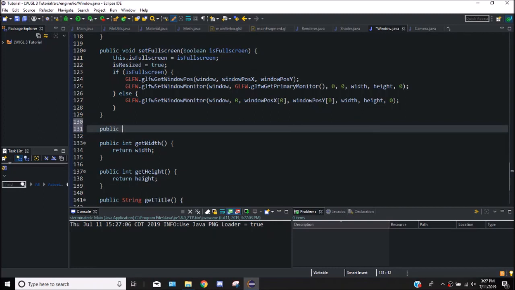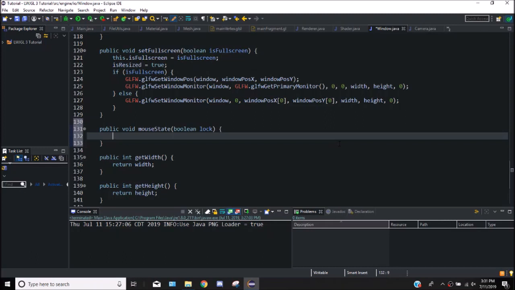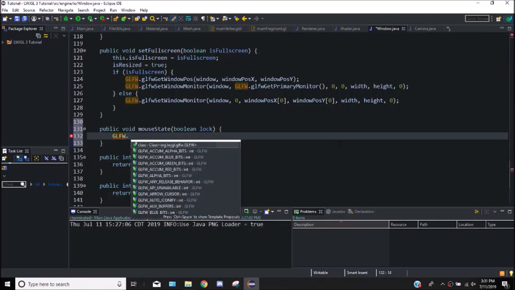So we're going to make a few methods. We're going to say mouse state, and then we're going to have a boolean, and that sets the lock. In this method, we're going to set the input mode, which is just for the cursor.